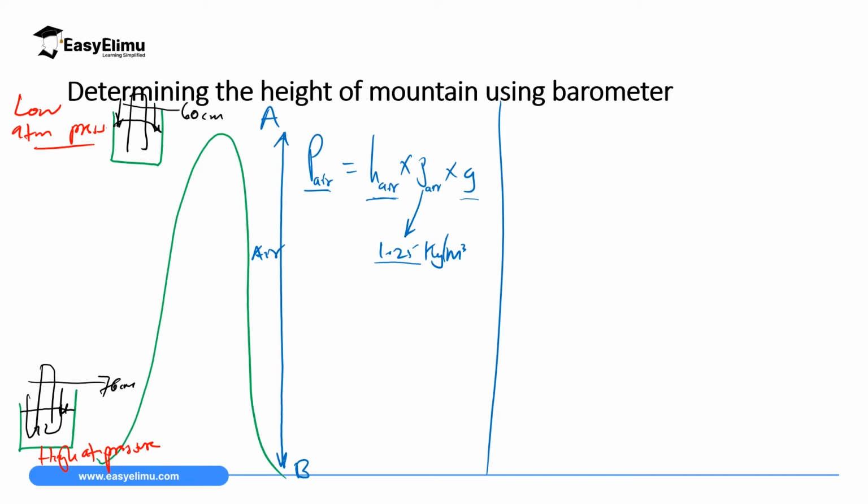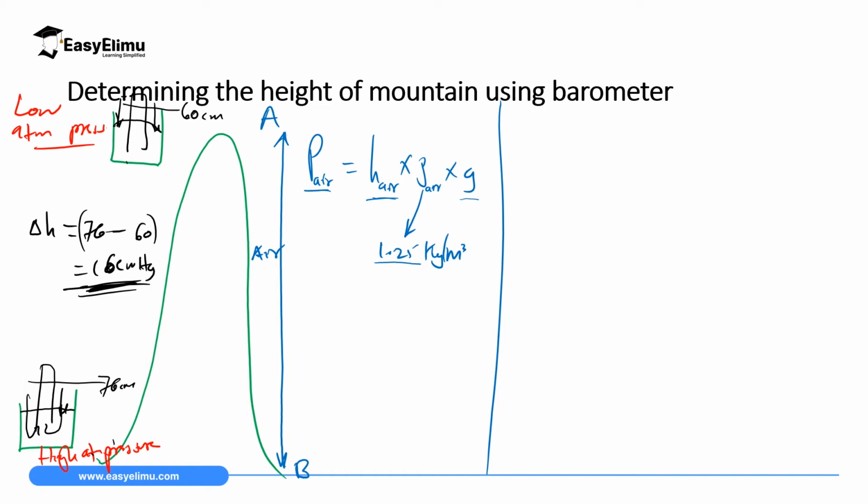At the top, it's supporting 60. So now the difference in mercury height between the base and the top is 76 centimeters minus 60 centimeters, which is 16 centimeters of mercury.